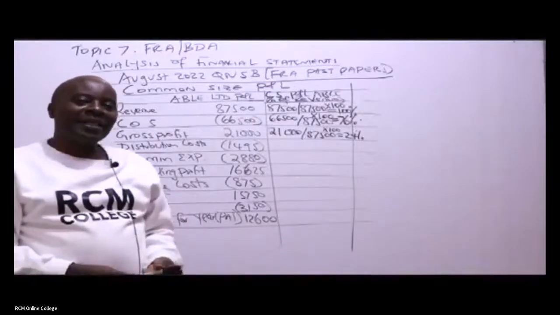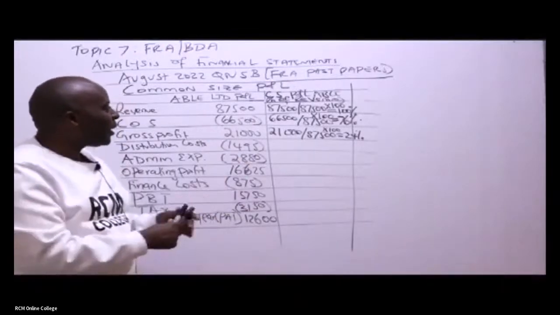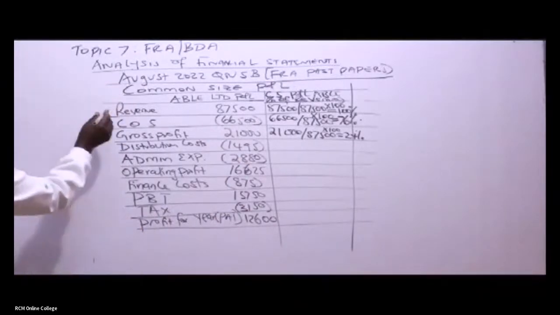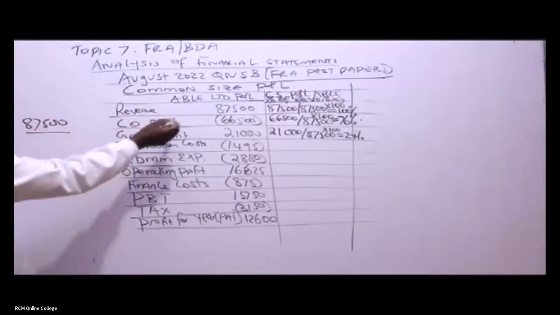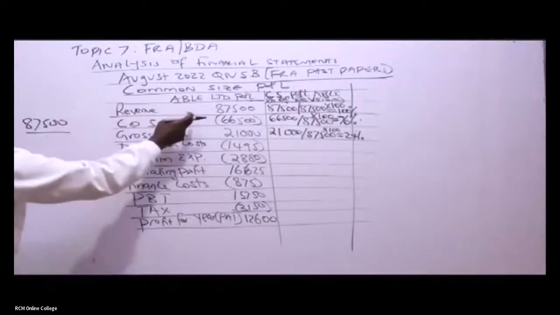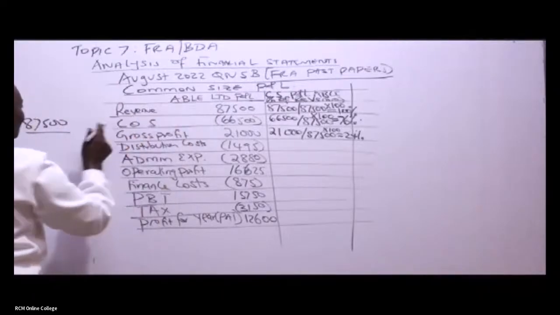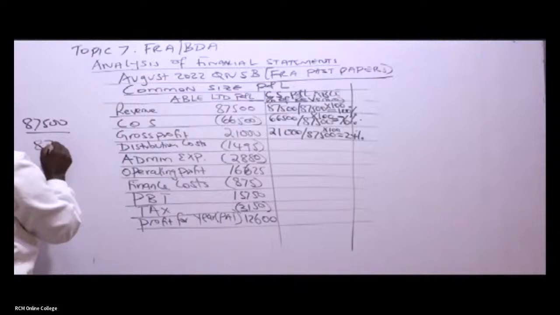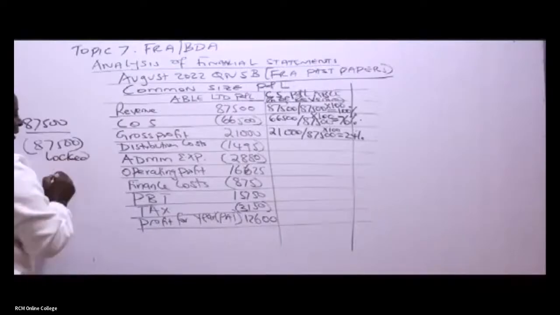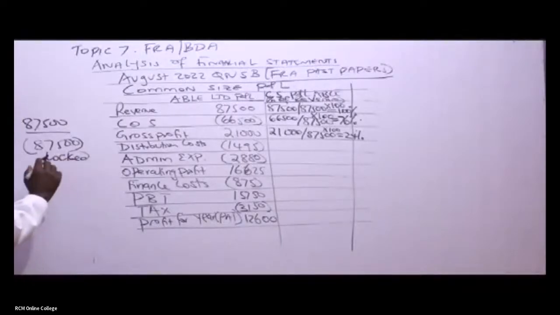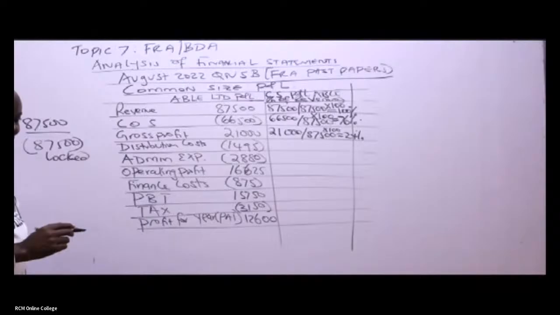You'll come and take the first one, 7,500, and divide by this 87,500 cell. But this number now has to be locked. It has to be dollarized.